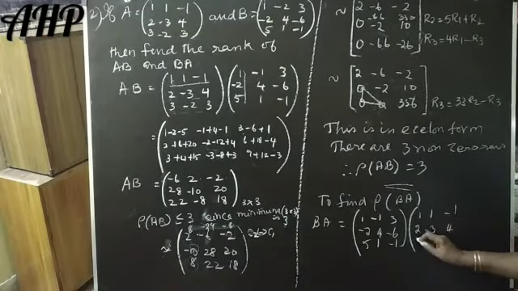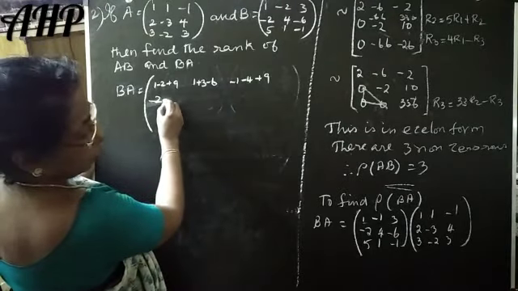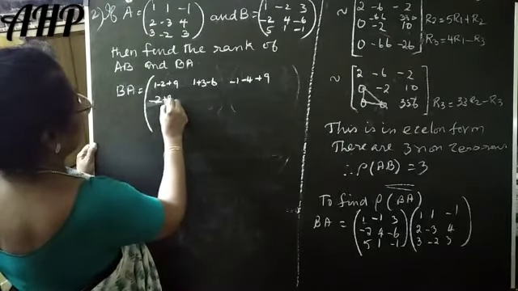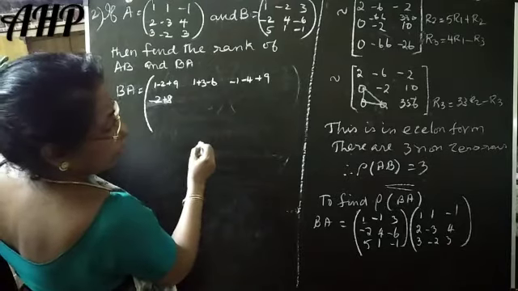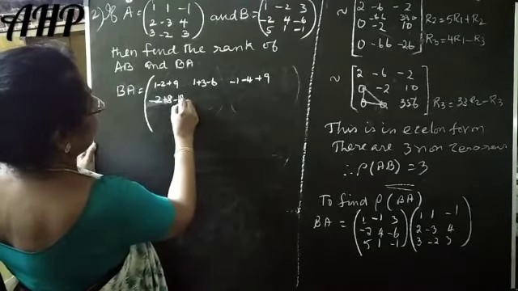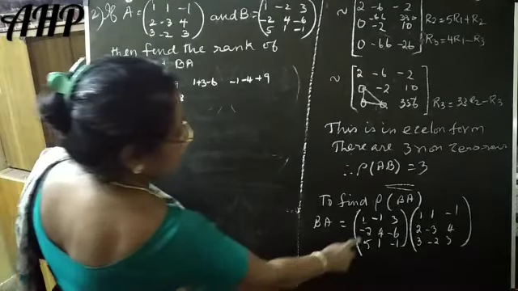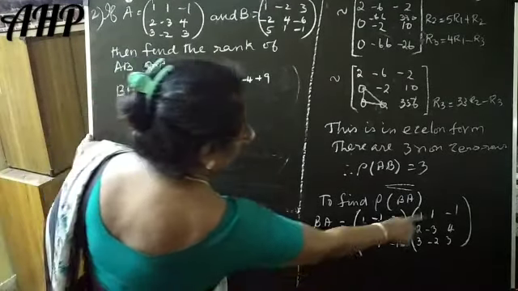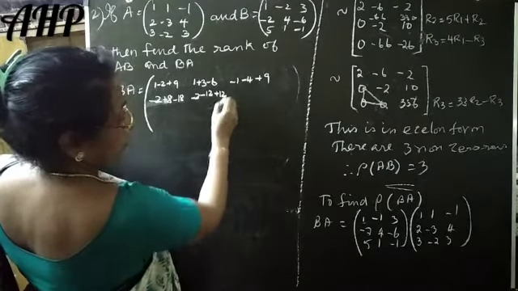Then second row with first column, minus 2 plus 8 minus 18, then minus 2 plus 8 minus 18, then minus 2 minus 12 plus 12.